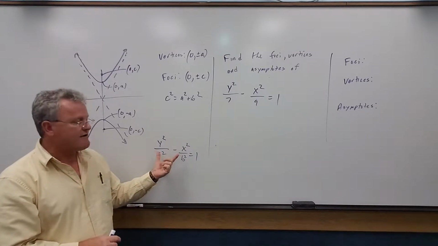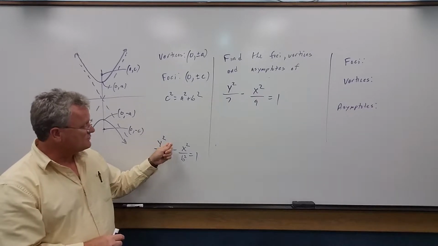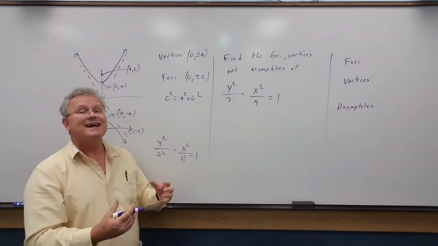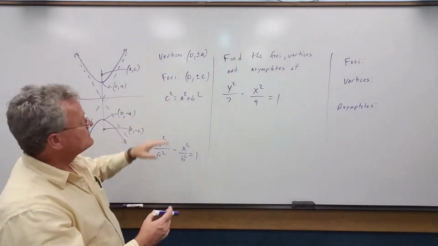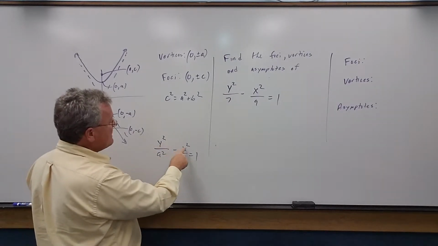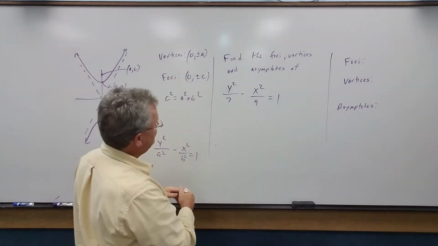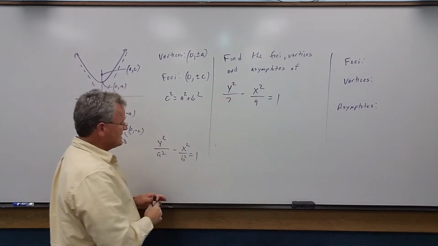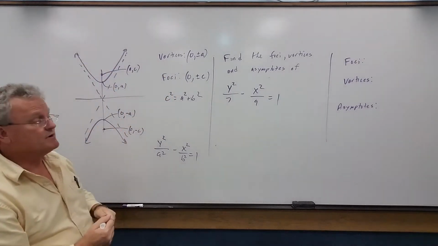All we need to look at for hyperbolas is, is it of the form y squared minus x squared or x squared minus y squared? That's what tells us what set of formulas to use. In the last video we had an x squared minus y squared, so our formulas were a little different. All right, so here we have a y squared minus an x squared. That's what tells us we use these formulas and it opens up and down.